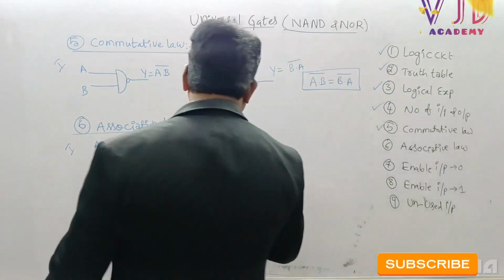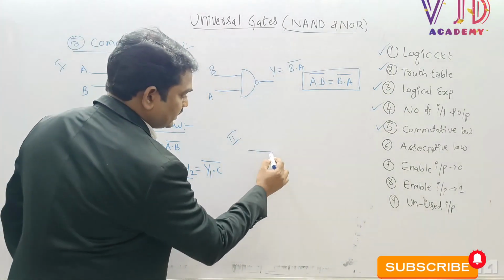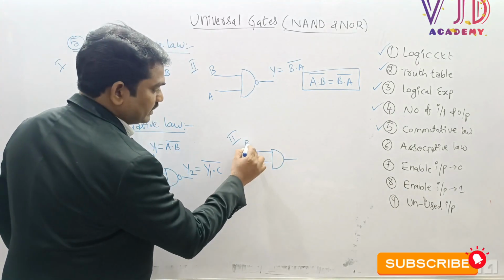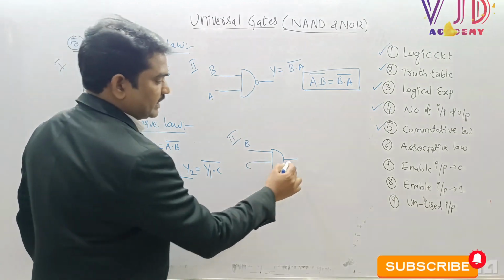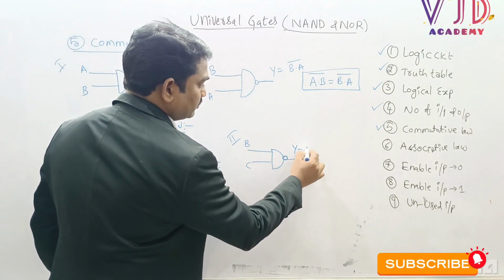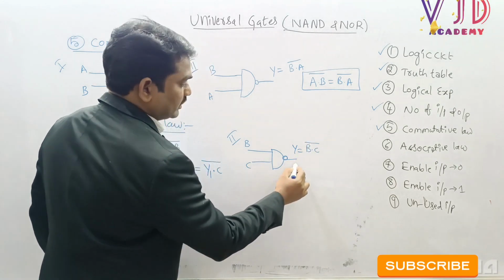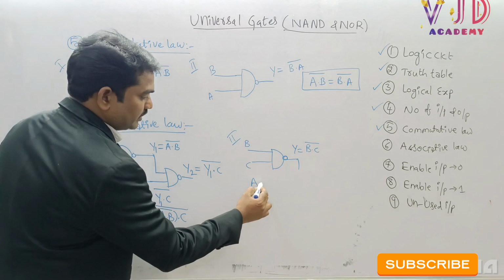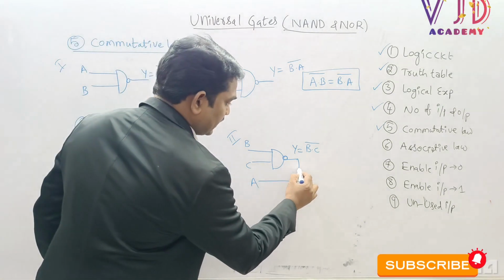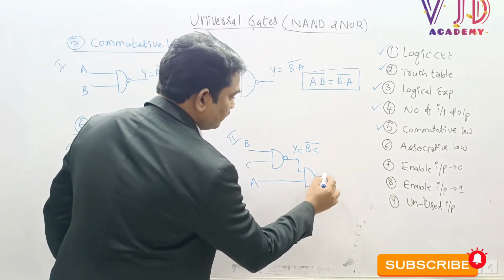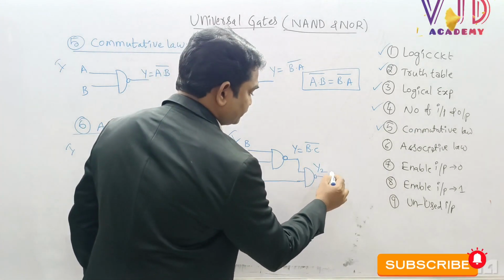Sir, the moment I interchange here, NAND gate, let me take here B and now this is C. Here NAND gate with a bubble, y1 equal to B into C whole bar. So this is output y1. Let me take input A, and A and y1 I want to connect to another NAND gate with output y2.